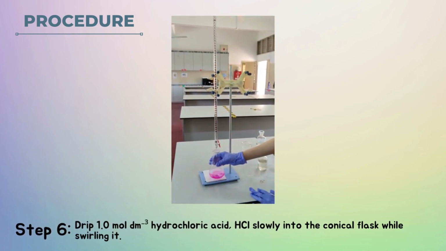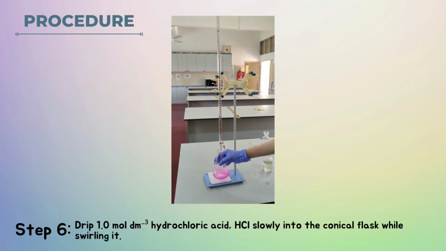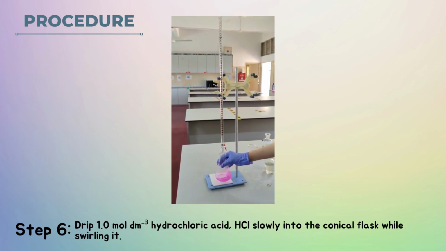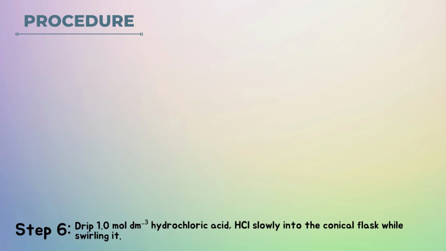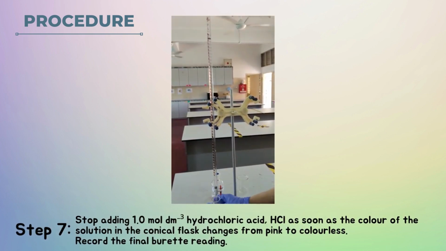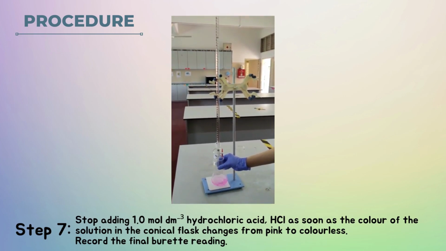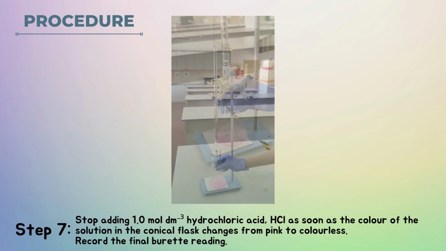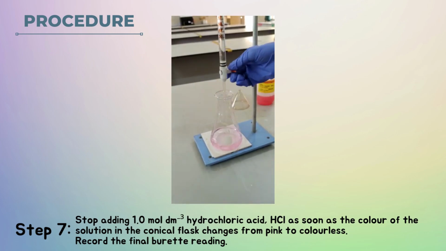Step 6. Drip 1 mol/dm³ hydrochloric acid, HCl, slowly into the conical flask while swirling it. Step 7. Stop adding 1 mol/dm³ hydrochloric acid, HCl, as soon as the color of the solution in the conical flask changes from pink to colorless.